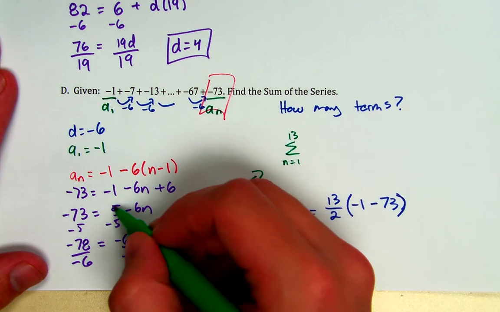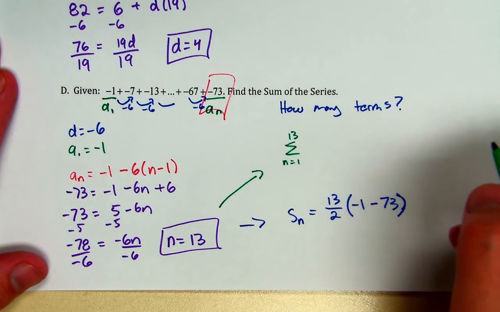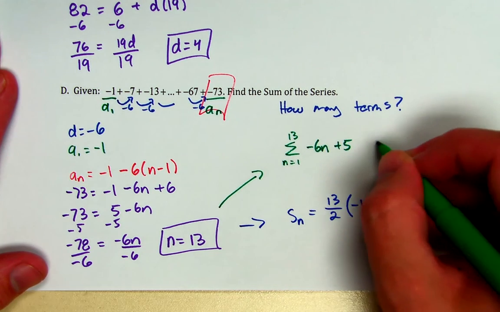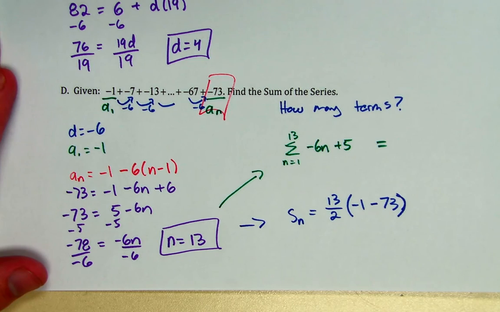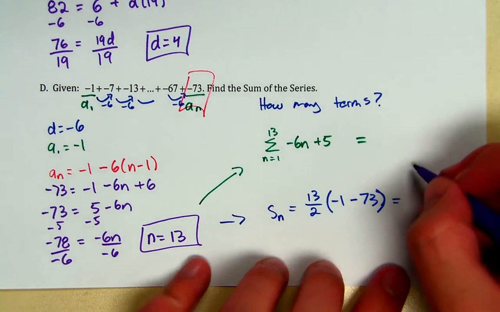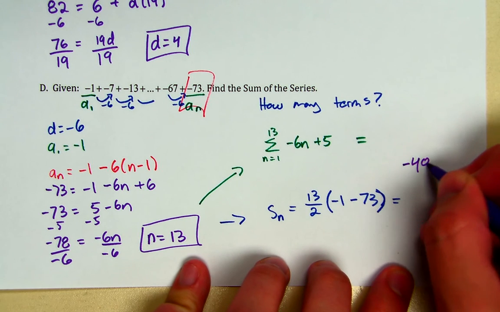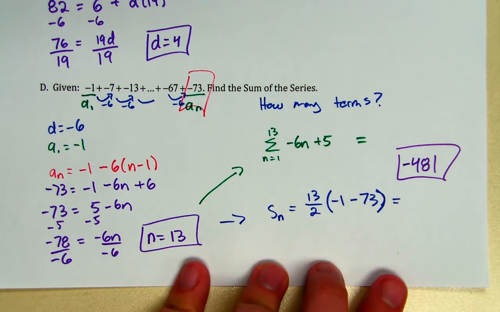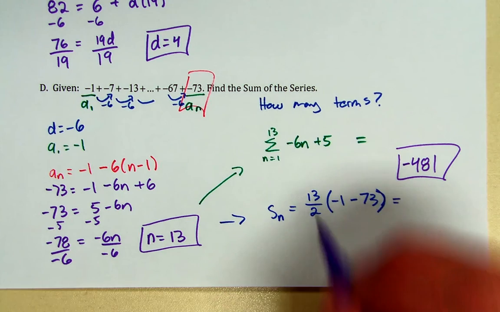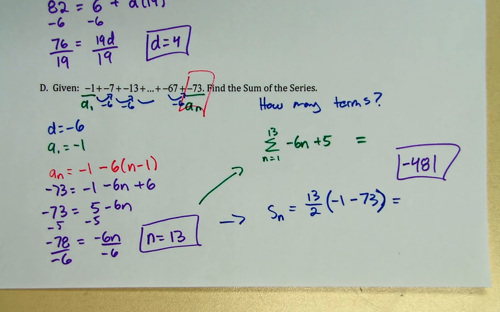Well, what was the formula? It was negative 6N plus 5. So this equals, and in the grand scheme of things, they both will give you negative 481 as the summation of that. So again, two different ways you could go ahead and find that sum.